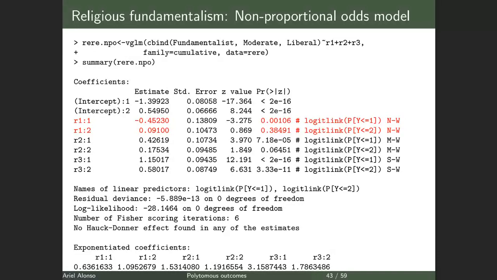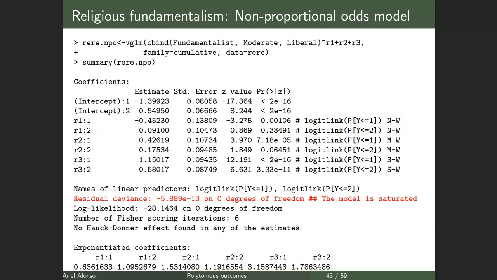And you can see indeed that when you compare Northeast with West Mountain, the effect changes with J. When J is equal to 1, the effect is negative. When J is equal to 2, the effect is positive. So the effect indeed changes with J. And that's what you see here. So the proportional odds assumption is not true in this case.